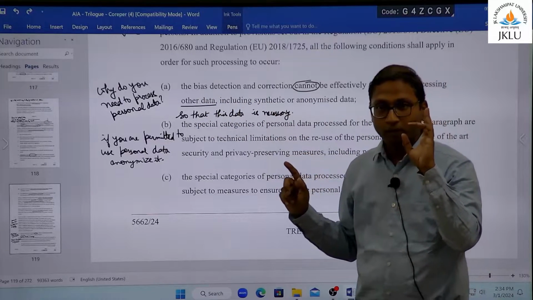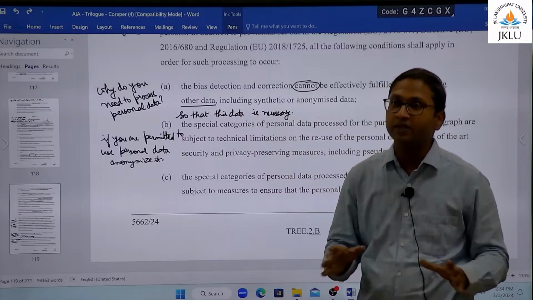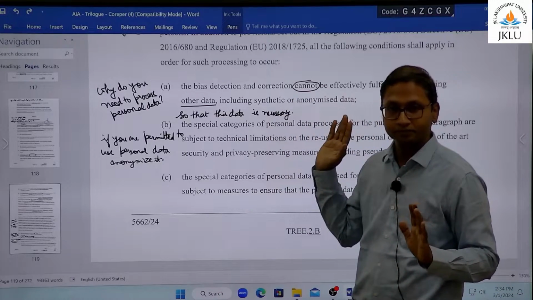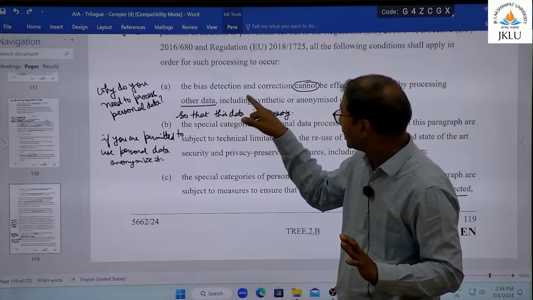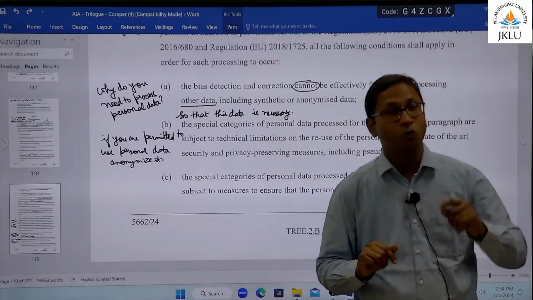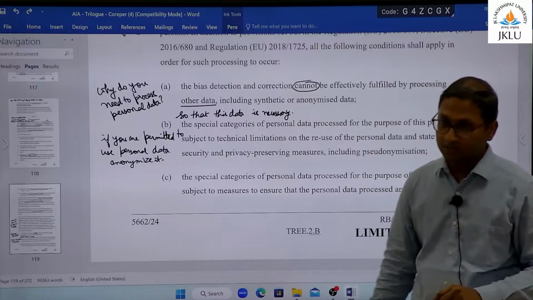So what does this line say? This says that you just require personal data, there is no other way of removing bias. So cannot be fulfilled by processing other data, including synthetic or anonymized data. So only in that case you can go and process the personal data, if at all.